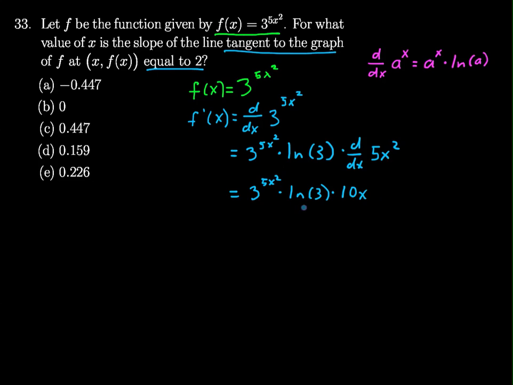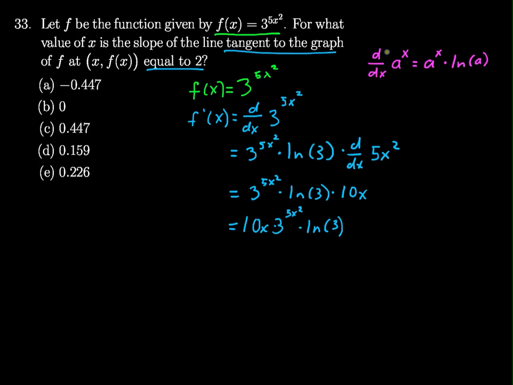And I like cleaning this up a little bit, making it a little nicer. I like having these coefficients, 10 and this x, out in the front. So I'm just going to write it like that, 10x times 3 to the 5x squared multiplied by the natural log of 3.